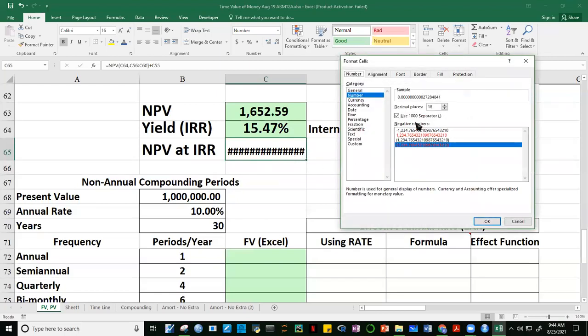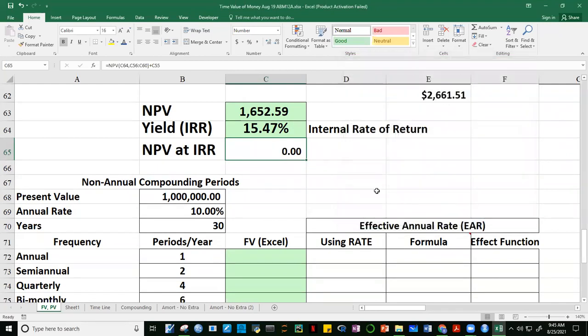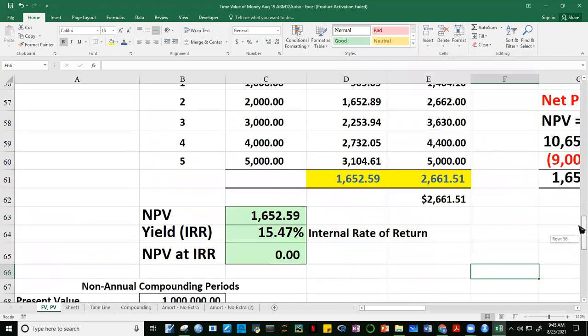Any questions, guys? Any questions about NPV? May questions ba? Okay, chat na lang, guys, kung clear so far yung discussions natin dito sa NPV IRR.